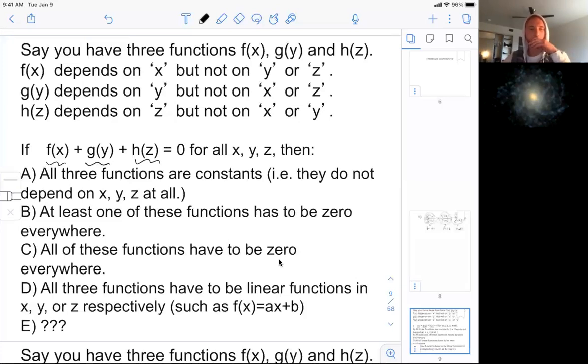I'm thinking it would be D because if you take the second derivatives of all those functions, you're going to get 0. And the denominator wouldn't have an effect since our second derivatives are in the numerator.